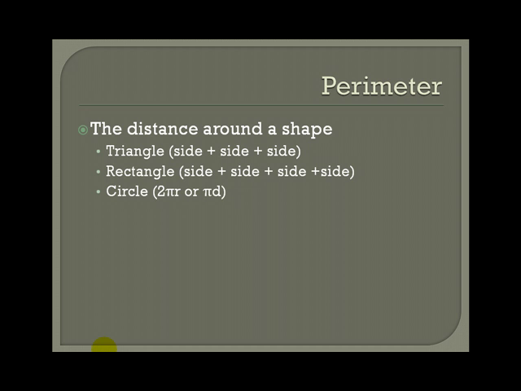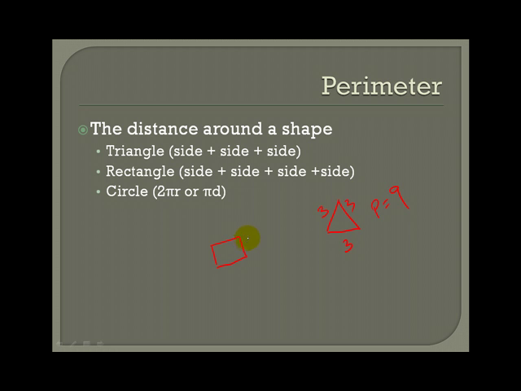Perimeter is the distance around a two-dimensional shape. For a triangle, it's really easy: side plus side plus side. If this triangle is 3 plus 3 plus 3, then the perimeter equals 9. For a rectangle, side plus side plus side plus side.